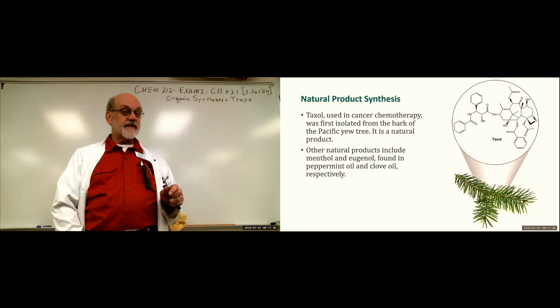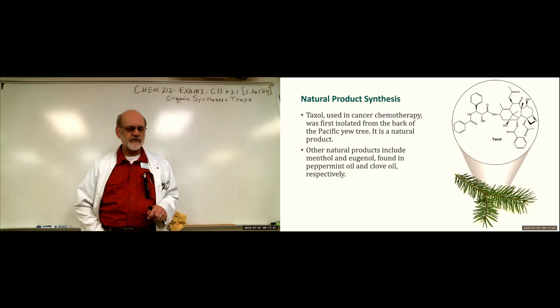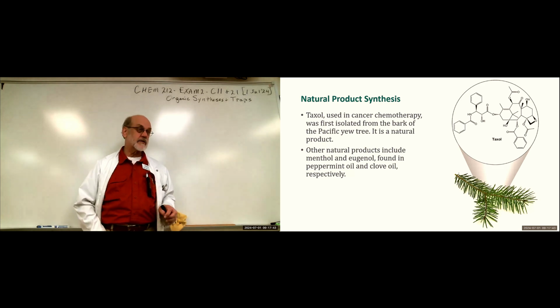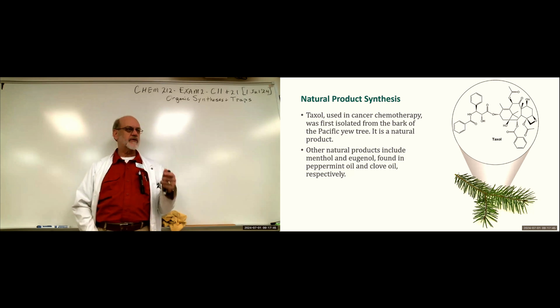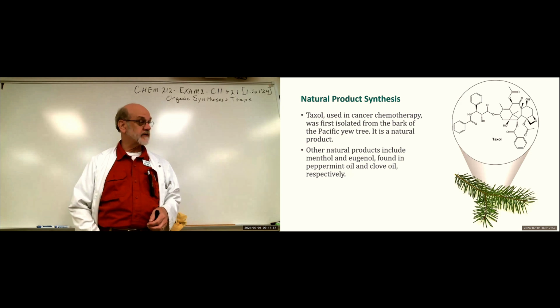A lot of the synthetic procedures that organic chemists use begin with natural products. They isolate the natural product precursors, and then they just modify them. Sometimes it's a lot more efficient to do it that way.